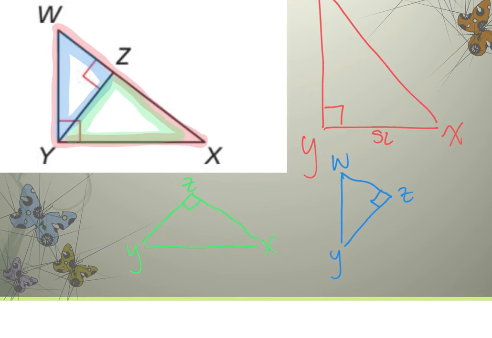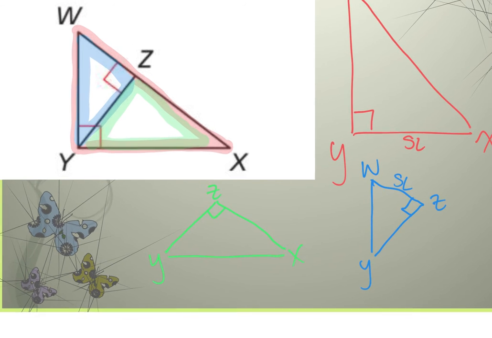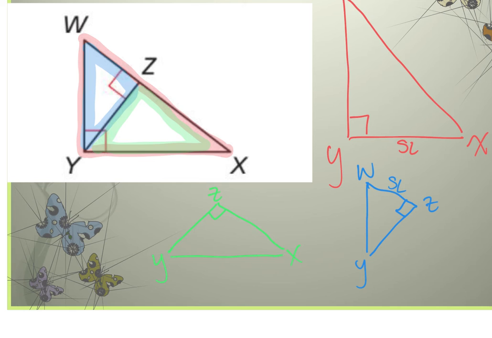Let's do the same thing for the blue one. In the blue triangle, what side would also be the short leg, which would be proportional to YX? Emma? Excellent. So SL next to WZ. And the last one, I didn't draw it great, but look back at the figure. What would be the short leg of the green triangle, guys? Gabby? YZ. So all 3 of those sides, since these 3 triangles are similar, are proportional.